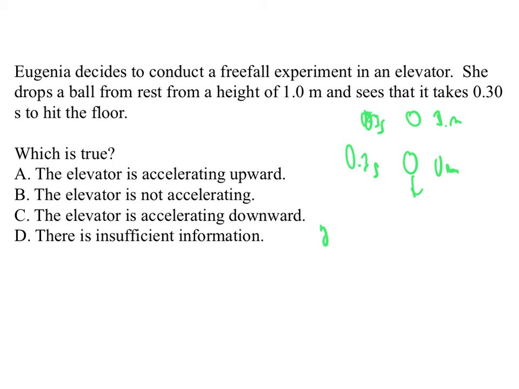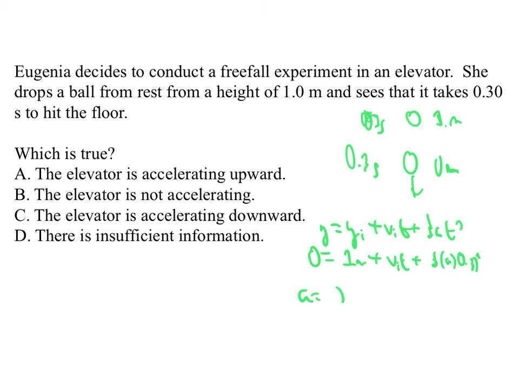So we can say y equals y initial plus v initial t plus 1/2 a t squared, or 0 equals 1 meter plus v_i t plus 1/2 times the acceleration times 0.3 squared.